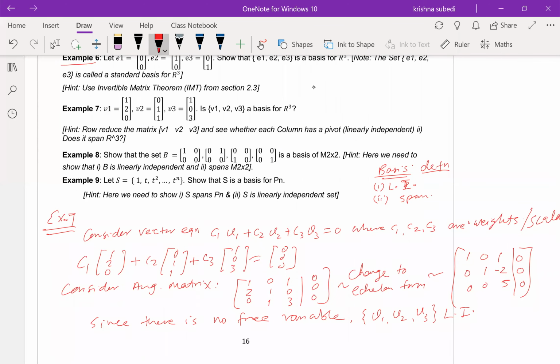Condition 1 is done. We check two conditions. Condition 1 is whether the vectors are linearly independent or not, and this checks the first condition.